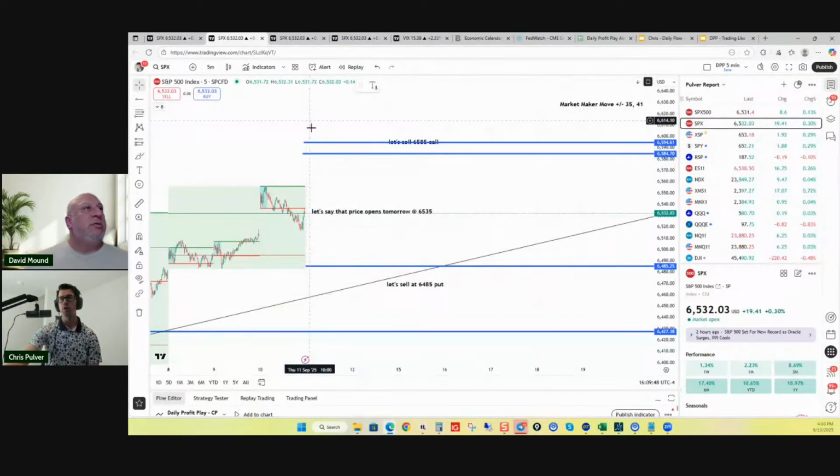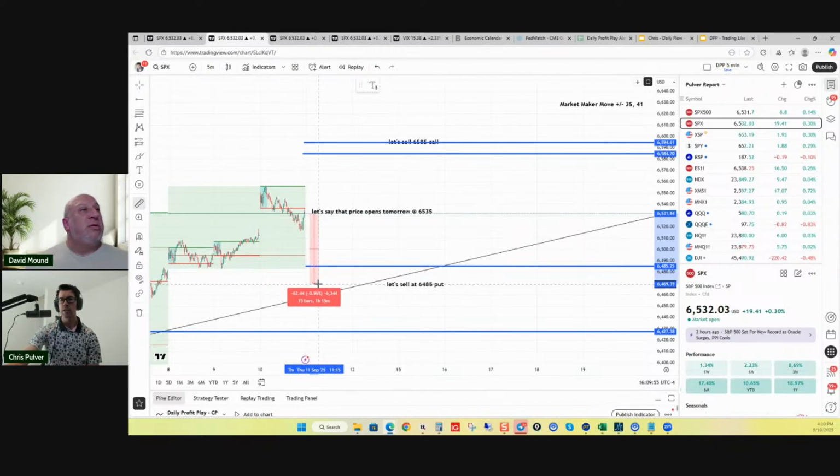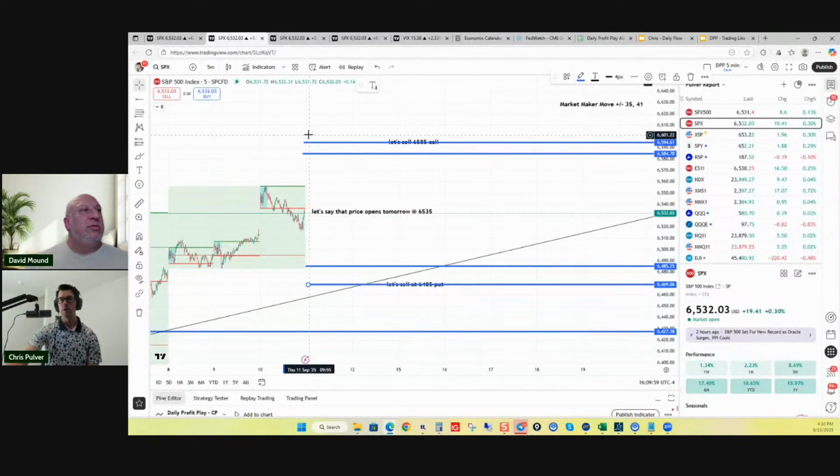Yeah. So we'll put a box up there, and then we'll go down 0.96%, and we're talking down here around 64.70. So just with a little simple math, using the VIX and the market maker move, I shouldn't see prices going beyond these levels tomorrow.